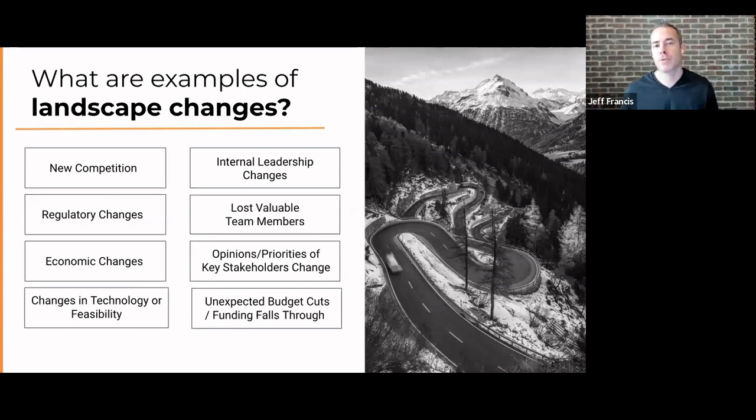First off, what are examples of landscape changes? When we talk about how to pivot when the landscape changes, let's talk about what that would look like in reality. We've put together some examples of what kinds of things would constitute landscape changes that can create challenges. One of the most common is new competition.